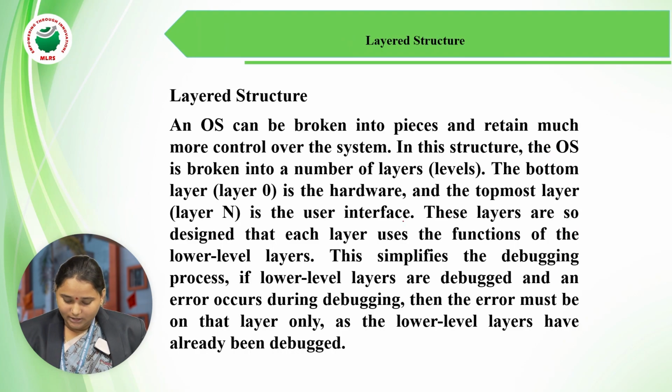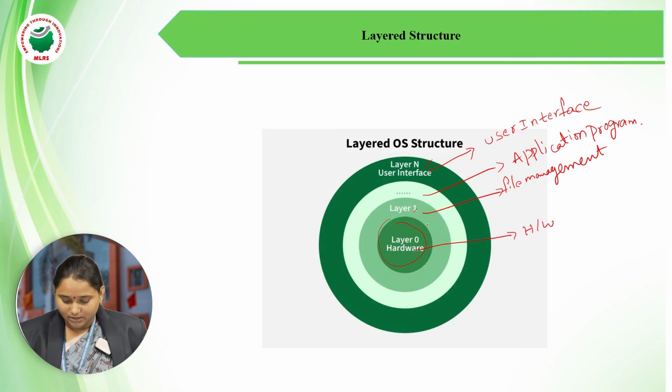Next, these layers are designed so that each layer uses the functions of the lower level layers, which simplifies the debugging process. If any error occurs in a layer, we need to rectify the error in that layer only, but to identify the error we need to access each and every layer.